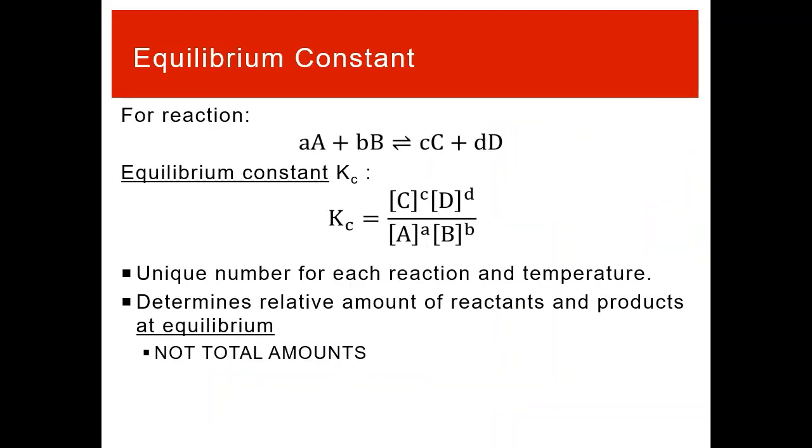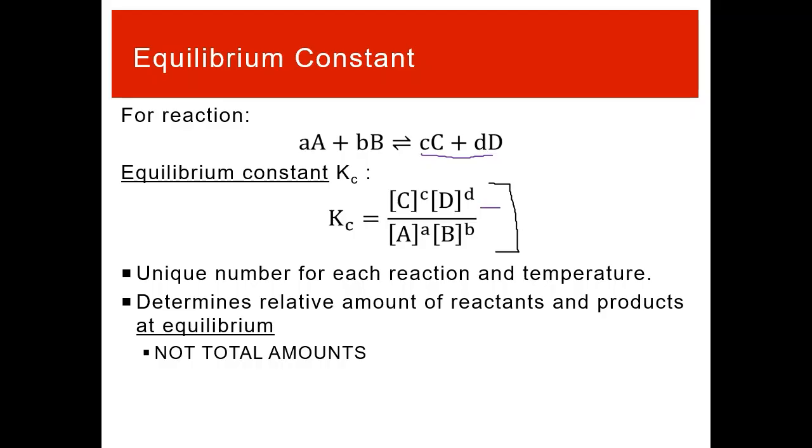So say I have my dummy reaction up there, I can define an equilibrium constant, Kc. So Kc is a number that characterizes my ratio of reactants to products at equilibrium. And the formula for Kc is always going to look like this. It's always going to be a ratio, and you will note that my products go up top, and it's the concentration of each product in molarity raised to the exponent of the coefficient in the equation.